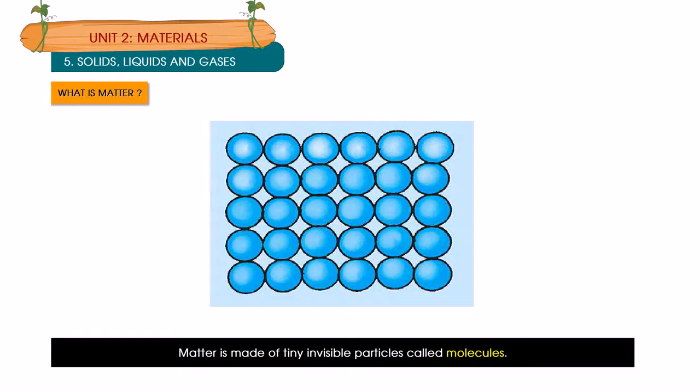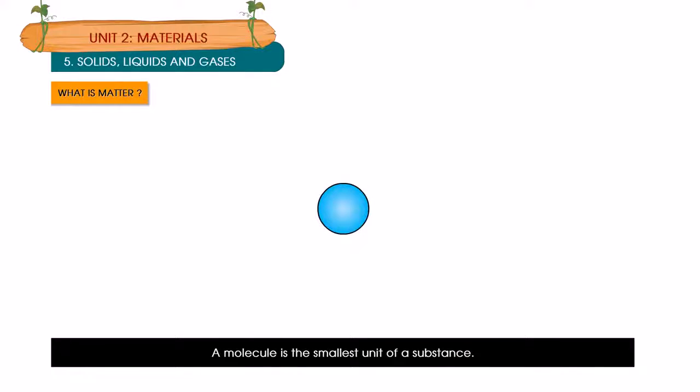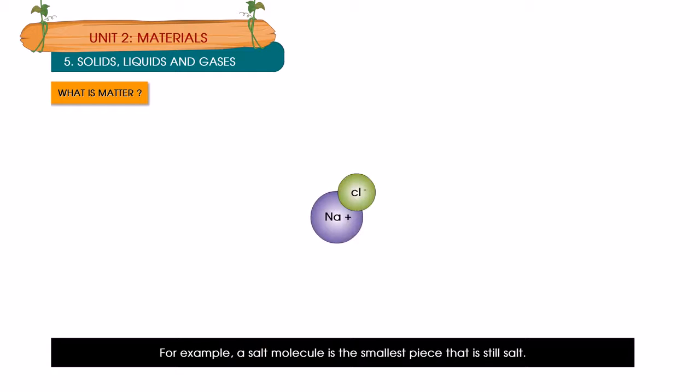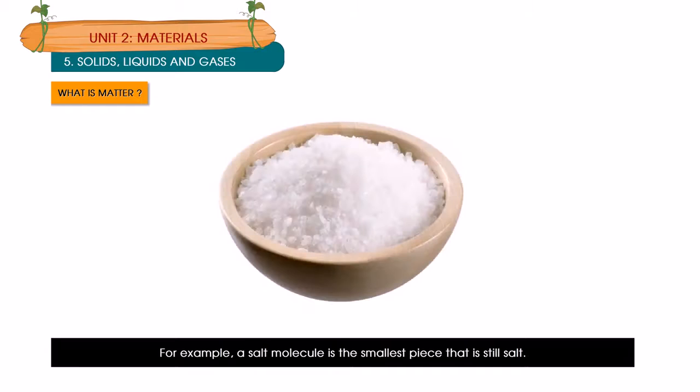Matter is made of tiny invisible particles called molecules. A molecule is the smallest unit of a substance. A molecule has all the properties of the substance. For example, a salt molecule is the smallest piece that is still salt.